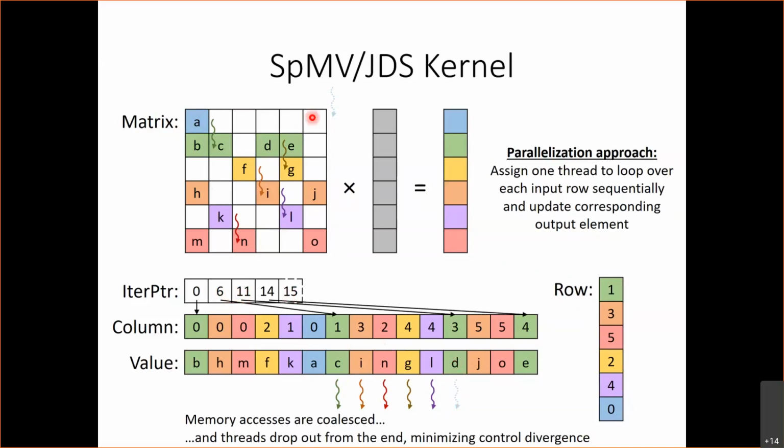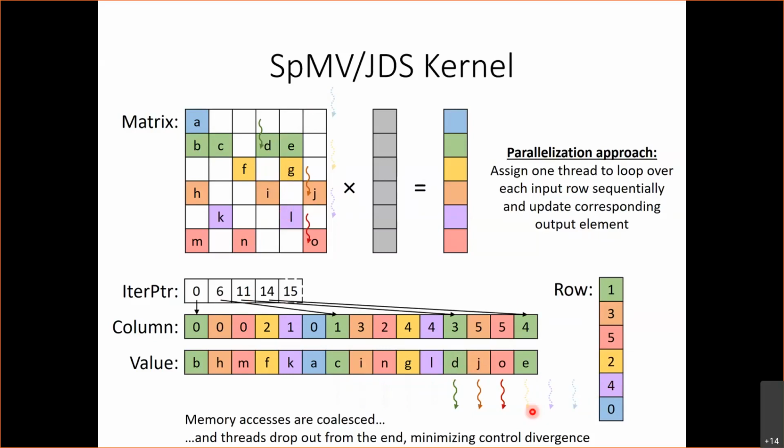The blue elements are done. This element is actually for the next iteration. On the next iteration, more threads are complete. So these 2 threads that correspond to the rows with 2 elements are done. Again, these threads are going to drop out from the end because these 2 rows that have 2 elements are the last 2 rows after we do the sorting.